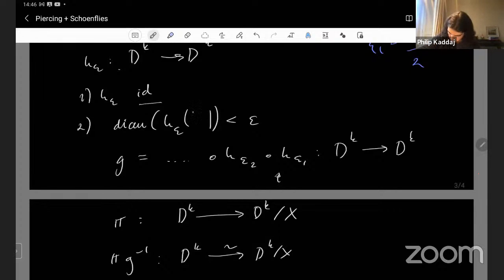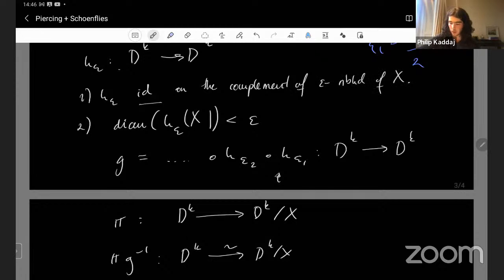So H epsilon is the identity on the complement of an epsilon neighborhood of X. And then this makes sense.